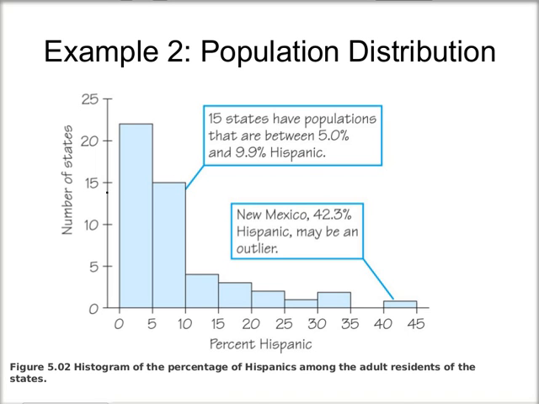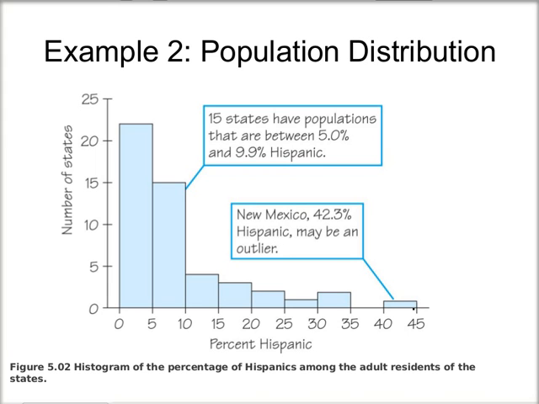So most of my states fall into these first two intervals, I can see from my chart, and then it kind of trails off to the right here, and then I've got a gap, and I've got just one state in this last interval here, which is New Mexico with the highest percentage of population that's Hispanic. And this could be an outlier.